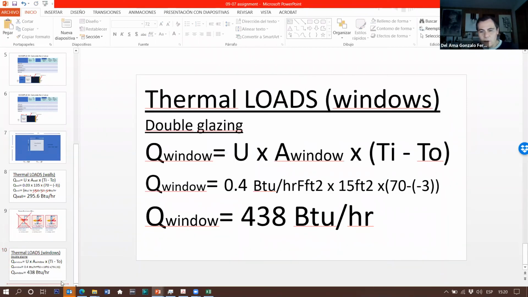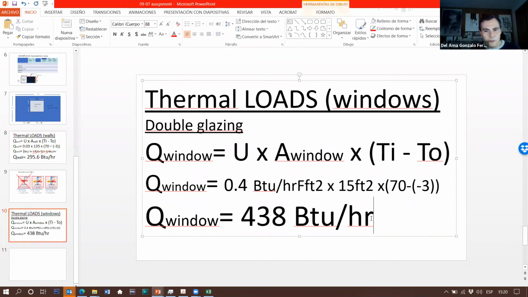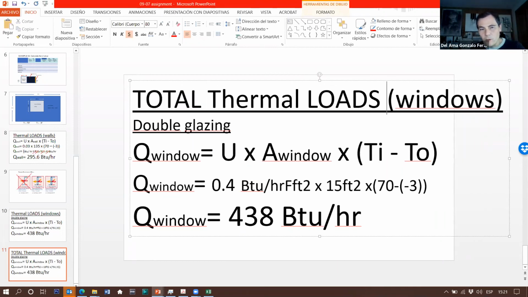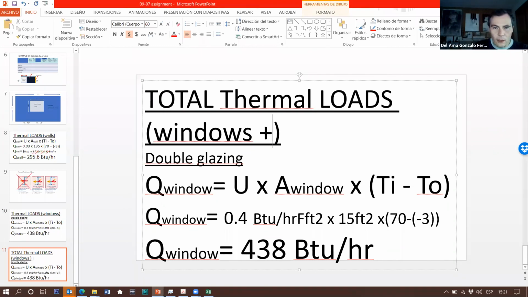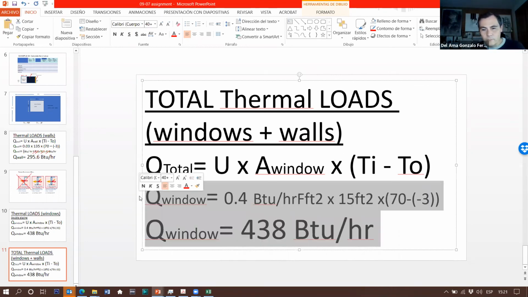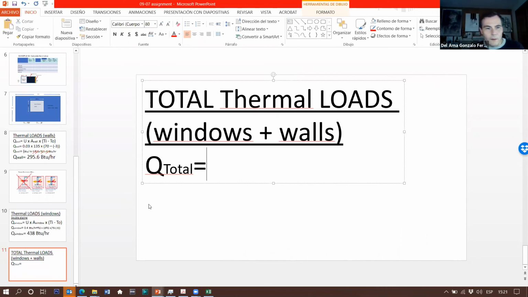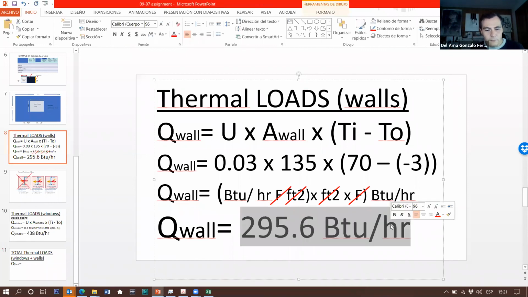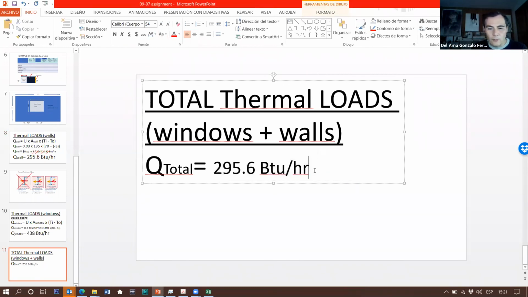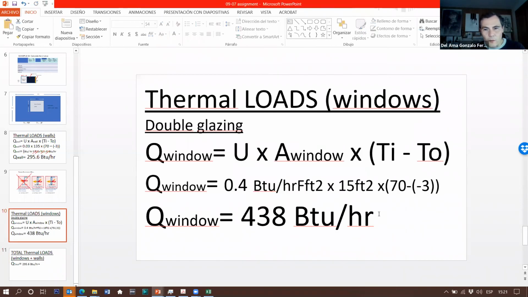Now if we want to calculate the total thermal load, windows and walls, the total thermal load will be the thermal load through the wall plus the thermal load through the window.